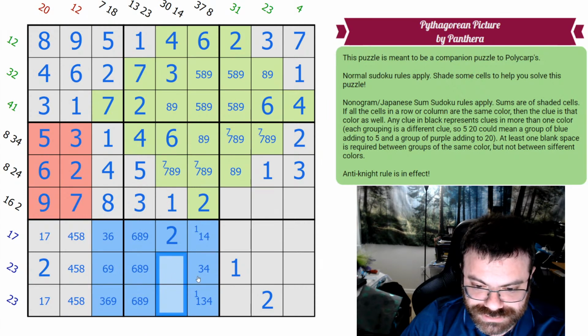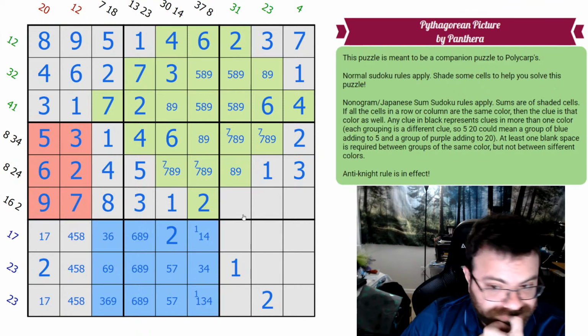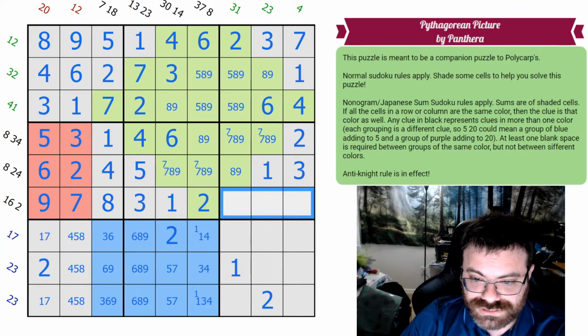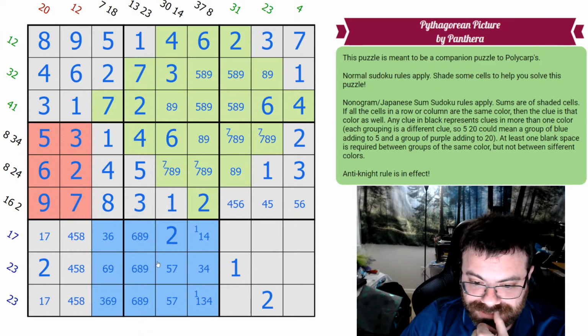What's this pair? We have 1, 2, 3, 4. We need 5 and 7. This triple is 4, 5, 6. That's not 4. That's not 6. We're getting there.